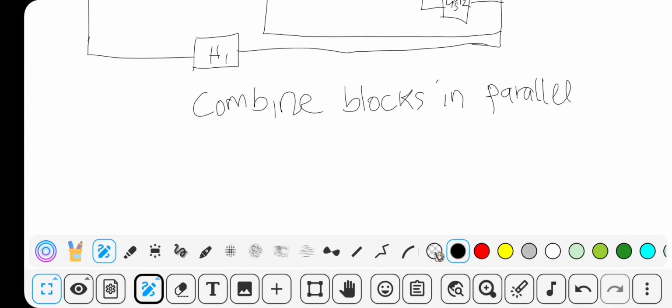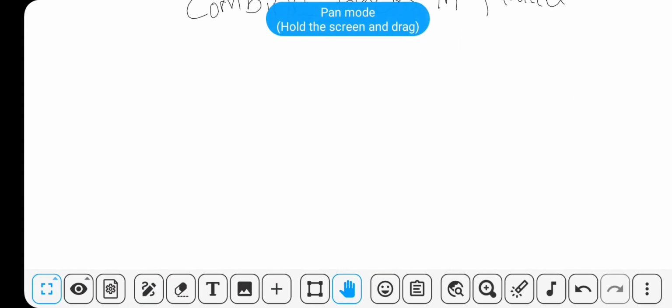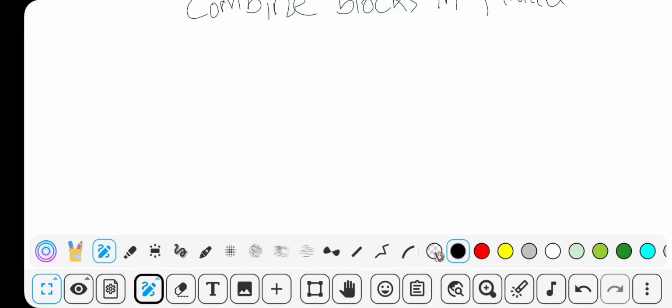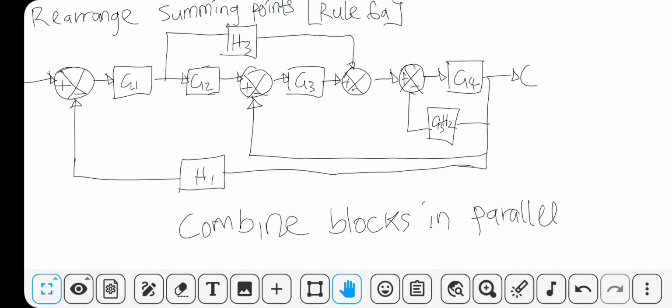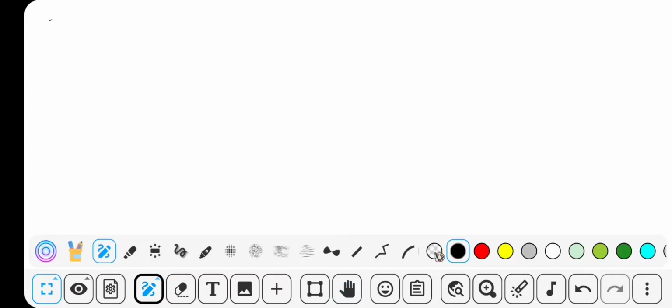So if you combine blocks in parallel, which is just these two blocks, you're going to have this.